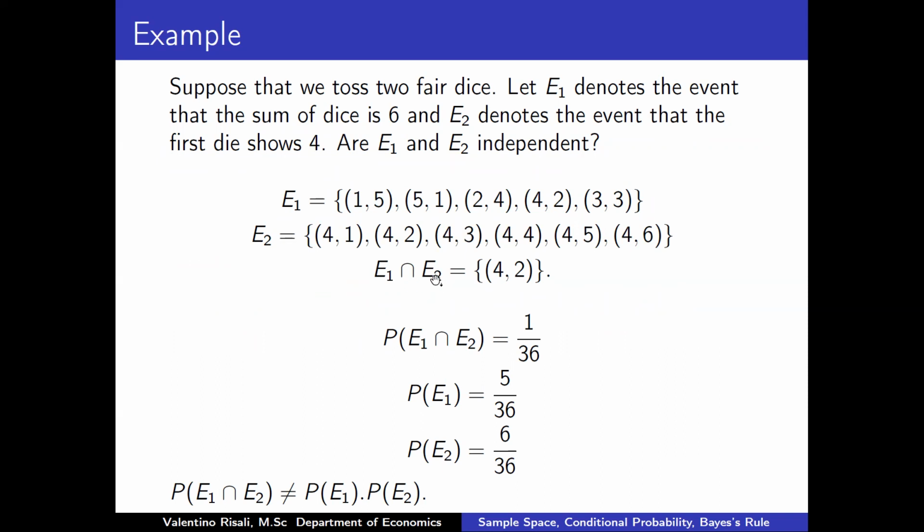We see that their intersection consists of an element (4,2), and then the probability of this event is 1/36, and the probability of E1 is 5/36, and the probability of E2 is 6/36.